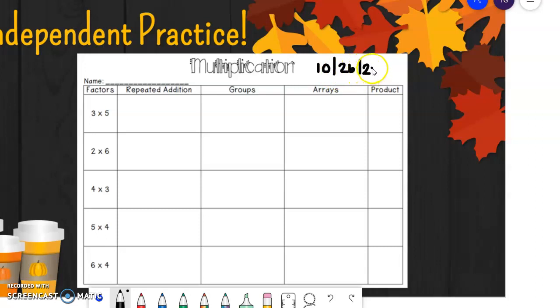And you're simply going to first show the repeated addition number sentence for the factors that you have here in the left column. And so the 3 is going to represent our groups, and the 5 is going to represent the number in each group.